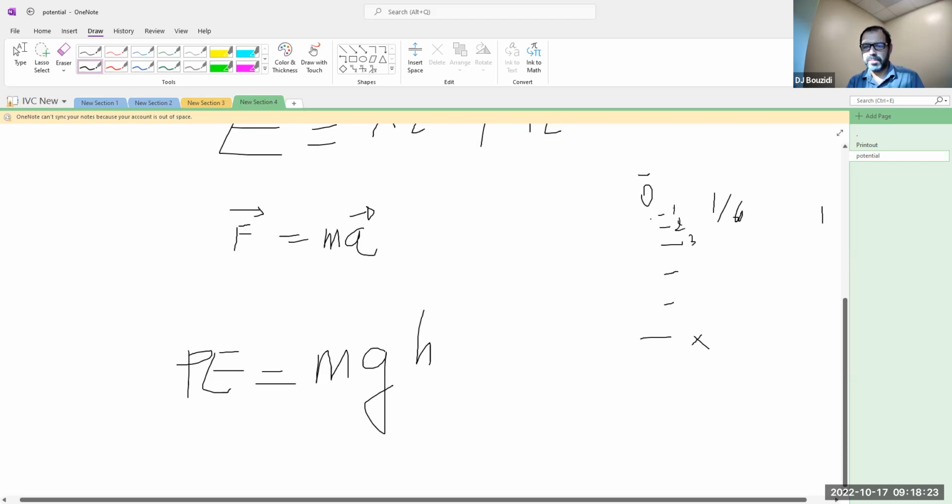So if your starting point is 1.5 meters, your initial height is 1.5 meters. If it dropped by 10 centimeters, it's going to be 1.4 meters, and so on and so forth. The mass must be in kilograms, g is 9.8 meters per second squared, and h must be in meters.